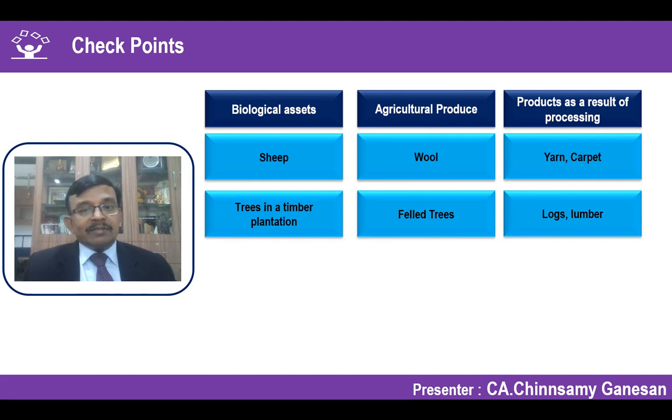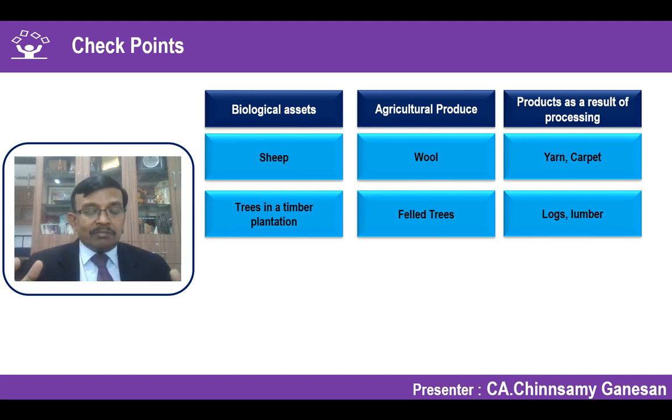Now you put it in terms of a timber plantation. What do you mean by timber plantation? I grow the timber trees and they will be felled after they have matured. When they are felled, what is the product which we are having?